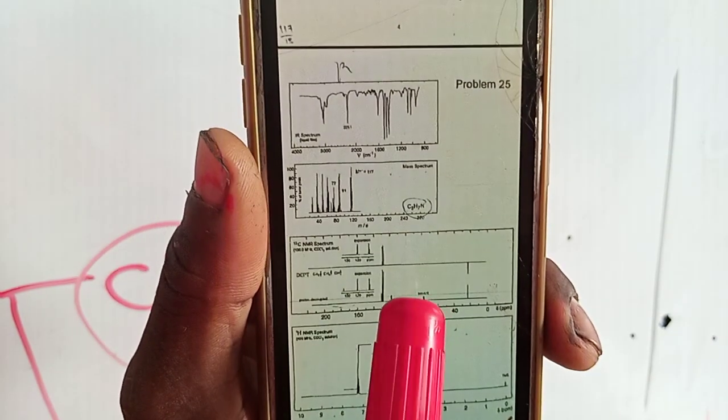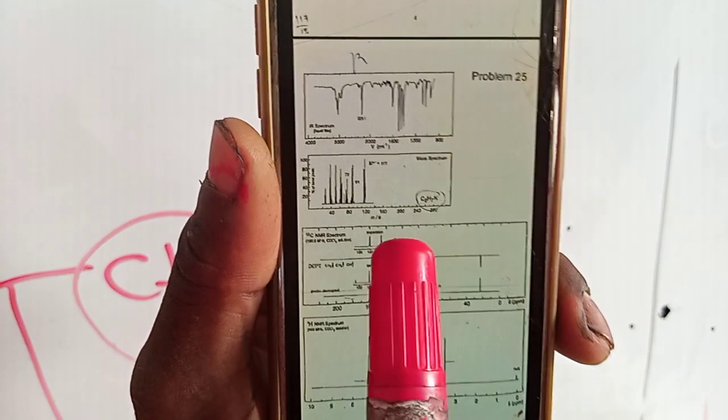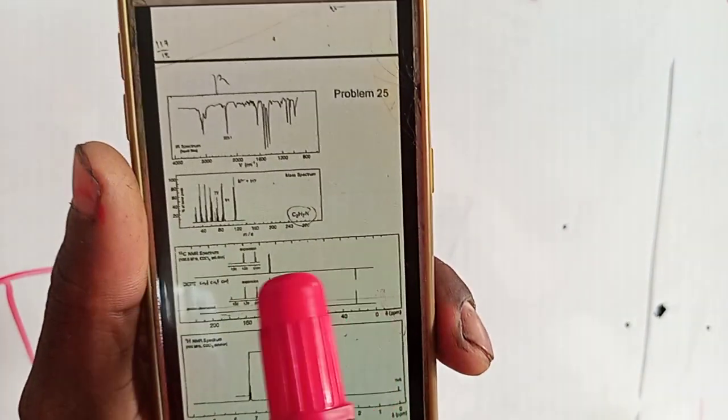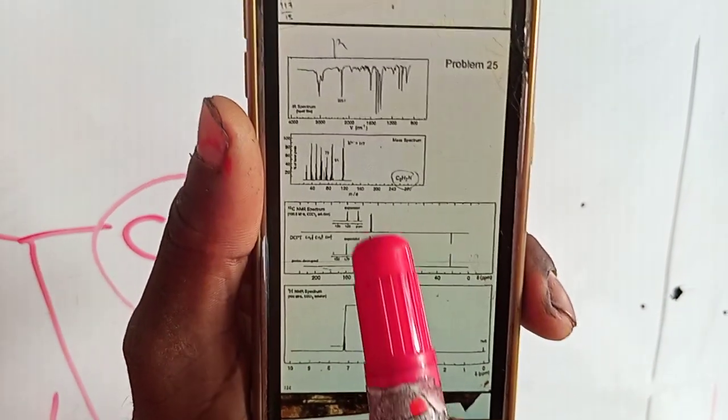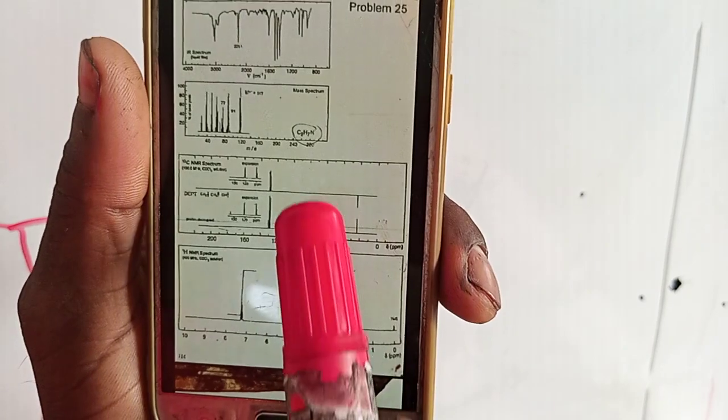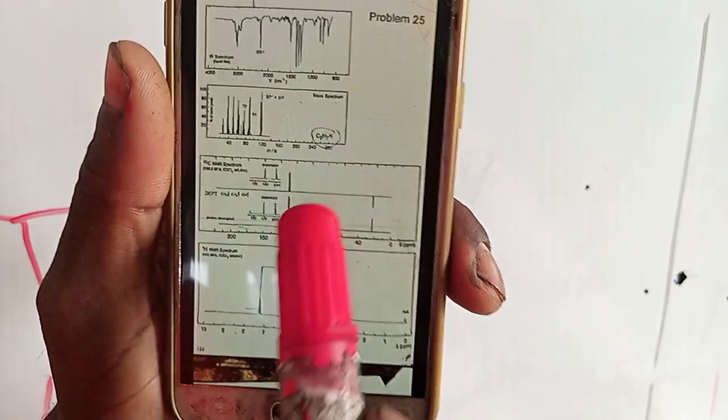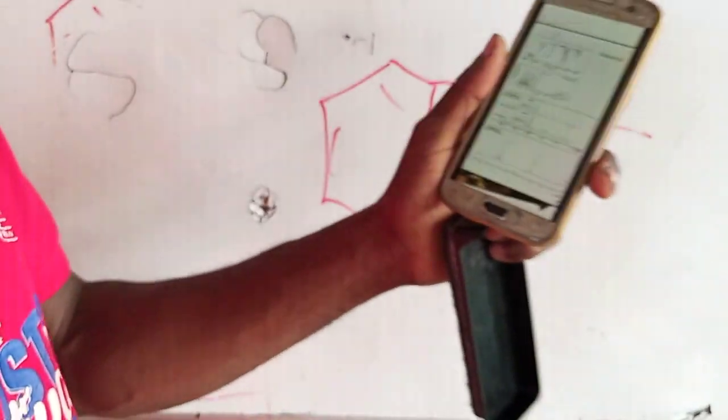Then when you come here, this is solvent. There are about 1, 2, 3, 4 peaks in general. So we have 1 here, then we have 3 here. Let me check it again. 1, 2, 3, 4, plus this is 5. So 5 peaks in general. This tells you that there are 5 different carbons.